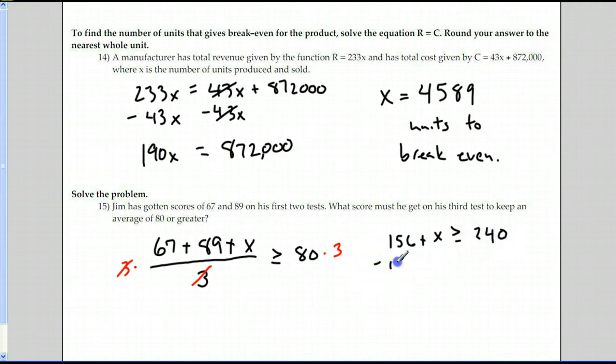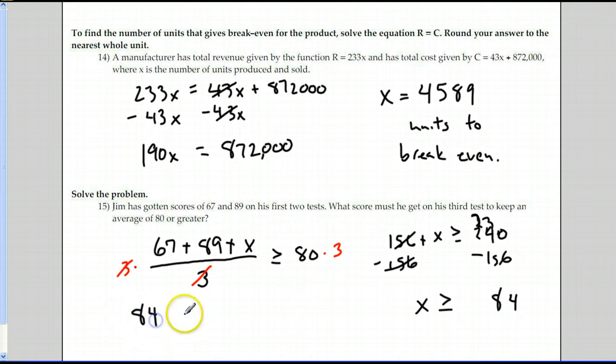Subtract away the 156 from both sides, and I get X has to be greater than or equal to 240 minus 156, which is 84. Alright, so he has to make an 84 or better to maintain that 80 plus average.